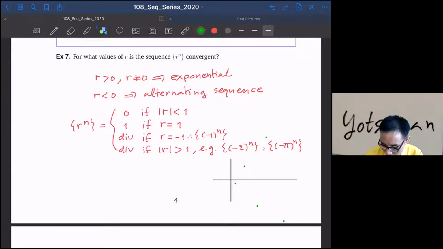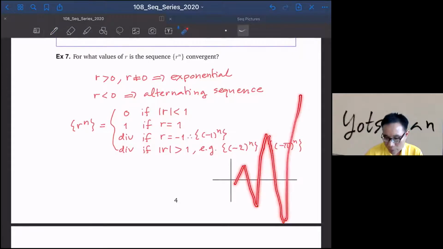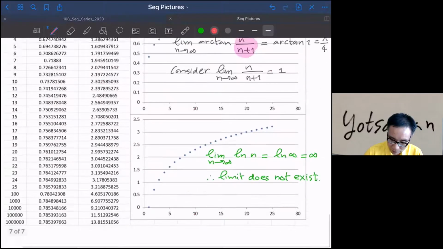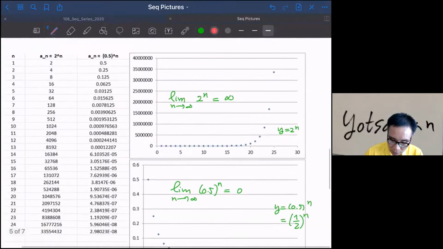So you see that it's going to alternate and become larger and larger without any upper bound. So you won't be able to control it in the case that you have the absolute value of r greater than 1. And for r more than 1, let's try 3 to the n. For 3 to the n, this one is going to look like this picture.